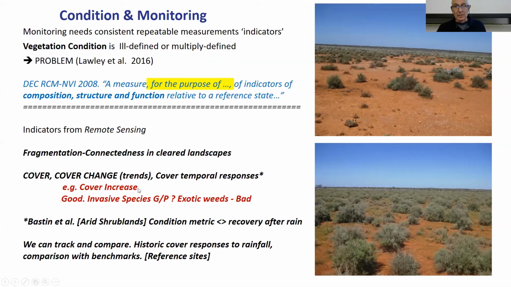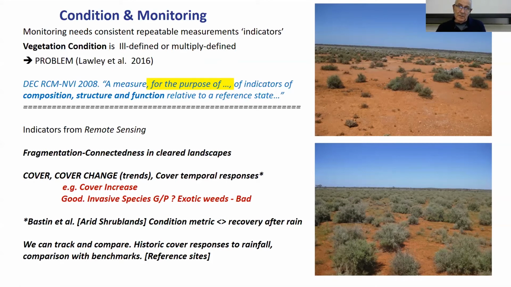Generally, we might assume that cover increase in natural vegetation is a good thing, but if it's invasive natural species, that might depend on whether you're interested in soil stability or the original biodiversity condition. If it's invaded by exotic weeds, we might think it's bad. But in either case, the key monitoring information is available from remote sensing. You need some additional information to really attach a value to condition.